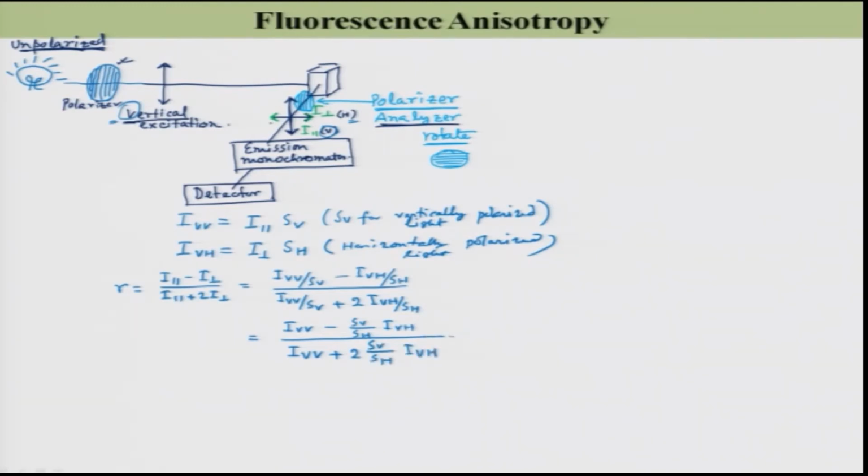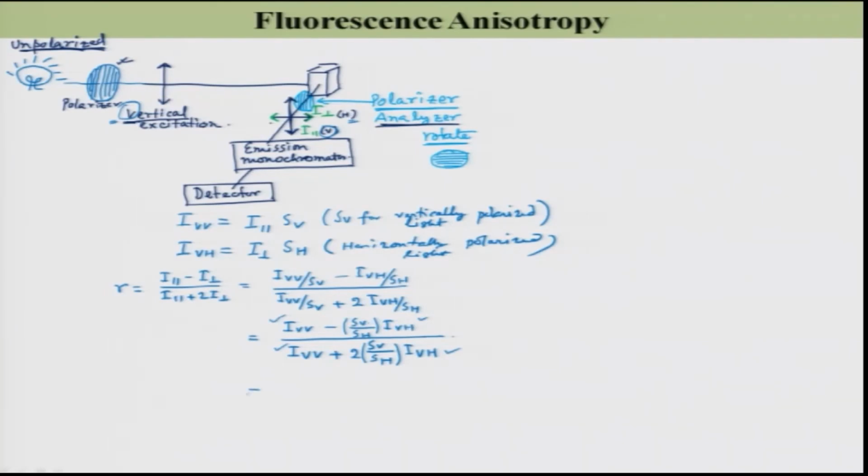So you see here, this I VV is your measured quantity, and I VH is a measured quantity. So what you got is that I VV has to be subtracted with I VH multiplied by this factor. This SV and SH are fixed for a particular monochromator and detector, and this is a ratio of two constants. So I can replace this ratio of two constants with one constant.